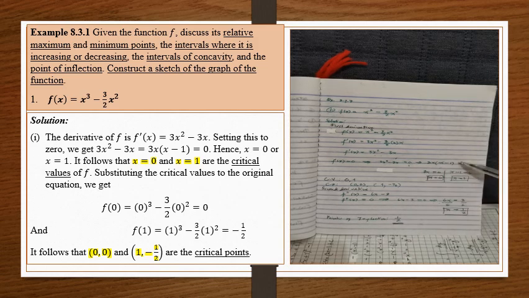Then sa second term is 1 na lang. Okay, so equate natin siya 0. So 3x equals 0. So solving for the value of x, we have x is equal to 0. And then x minus 1 naman, equate natin yan sa 0. Transpose natin si negative 1, magiging positive 1. So that's why ang values ng x natin dito is 0 and 1.